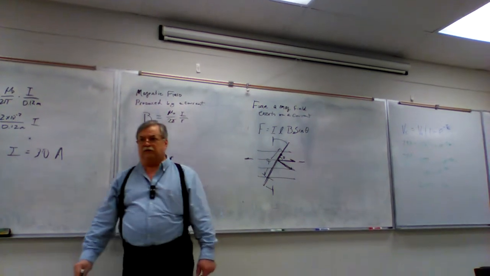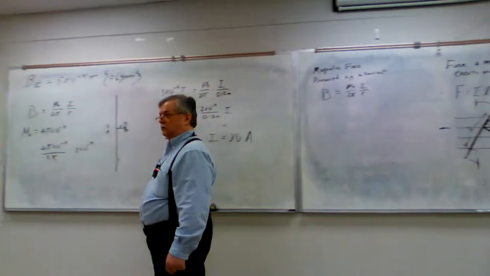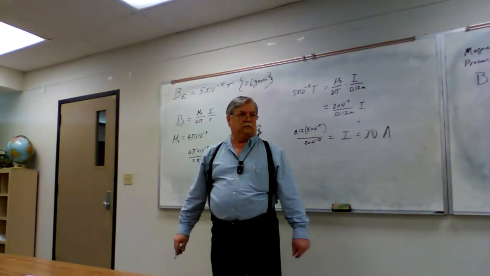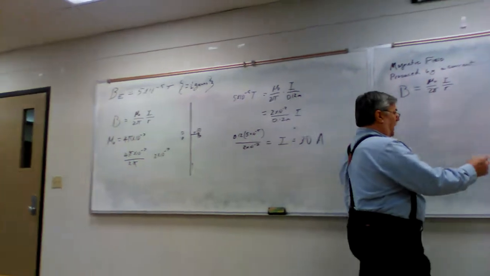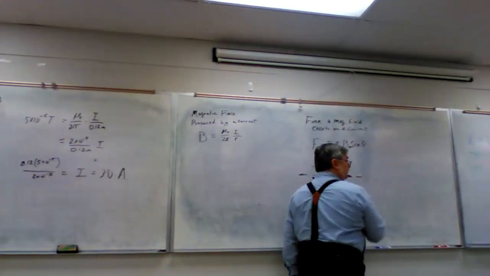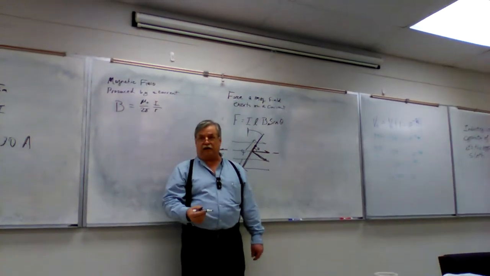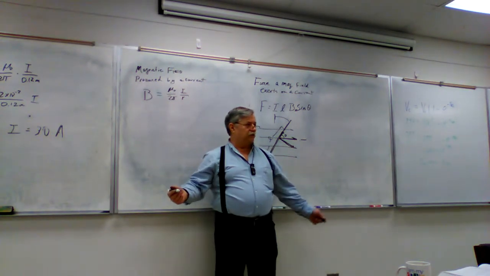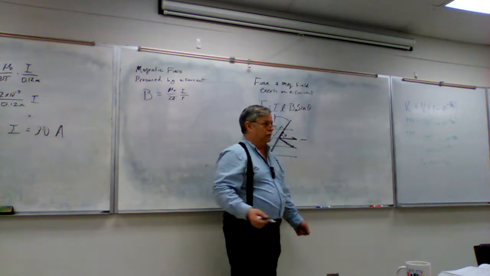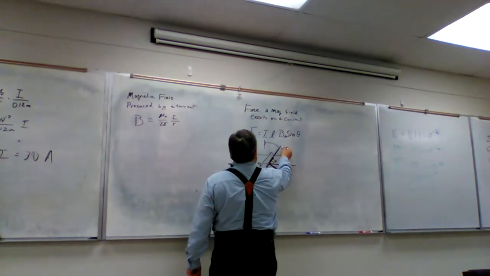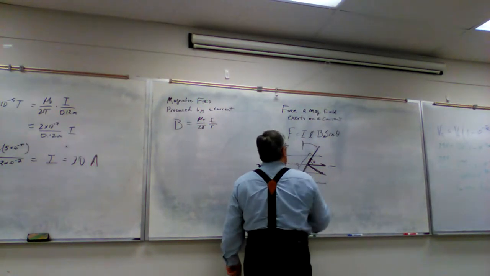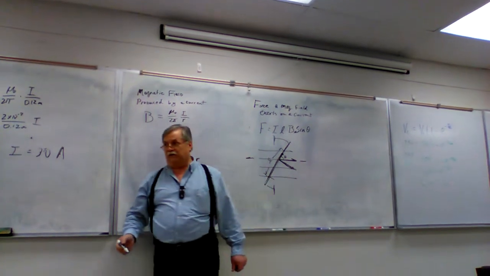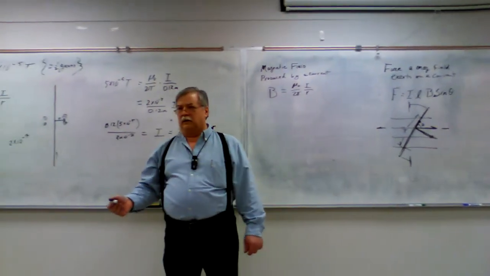At 0 degrees, the sine of theta is 0. When the wire is parallel to the magnetic field's lines, the force it exerts is 0. When the wire is at 90 degrees, the sine of 90 degrees is 1.